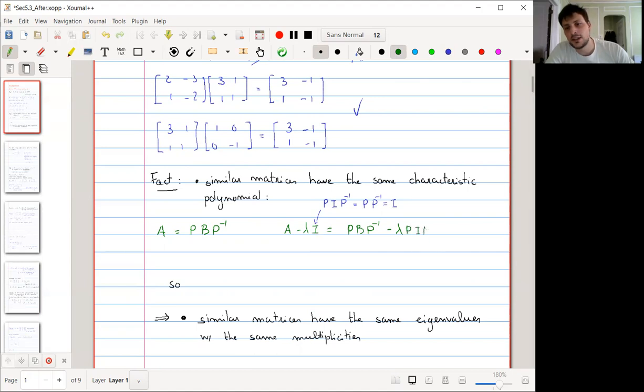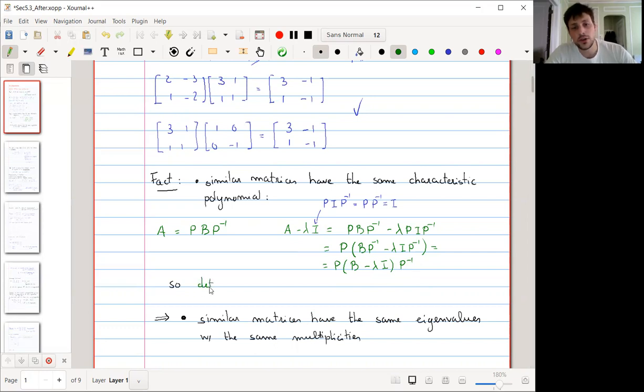But then it means that on this right-hand side, I can use the distributive law of matrix multiplication and factor out a matrix P. So I get B P inverse minus lambda I P inverse, all multiplied on the left by P. And I can factor out a P inverse on the right in the same way. So B minus lambda I times P inverse. Okay, so A minus lambda I is P times B minus lambda I times P inverse.